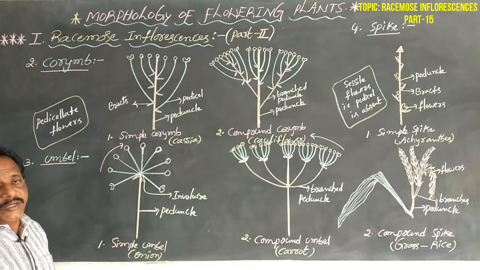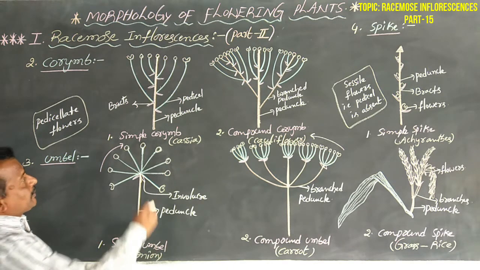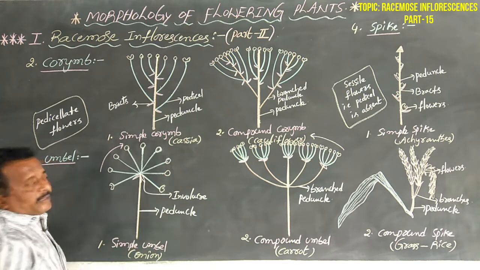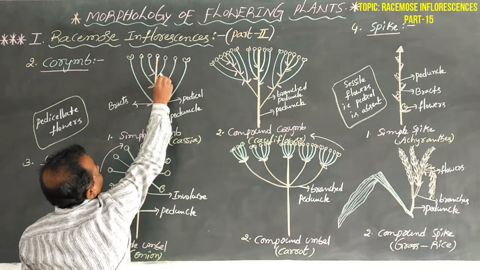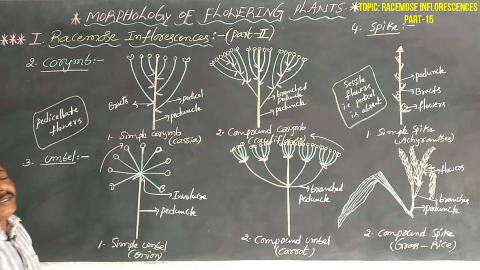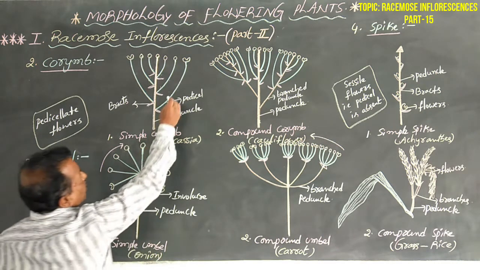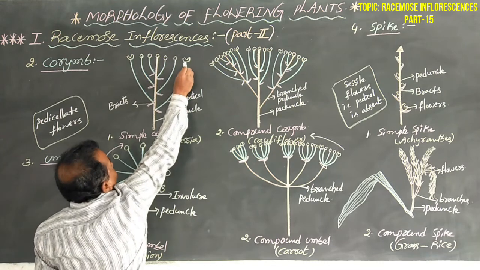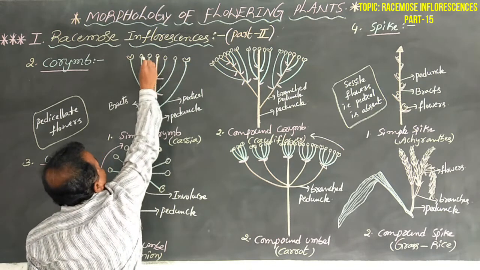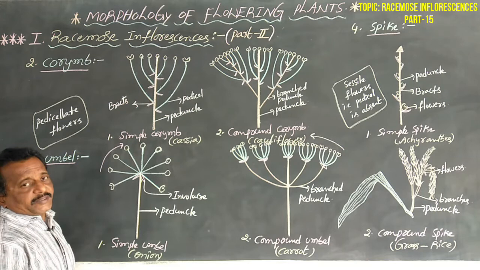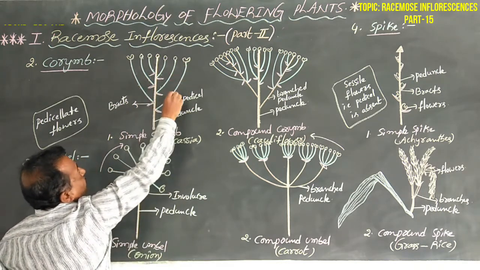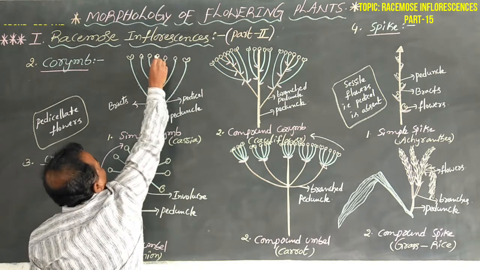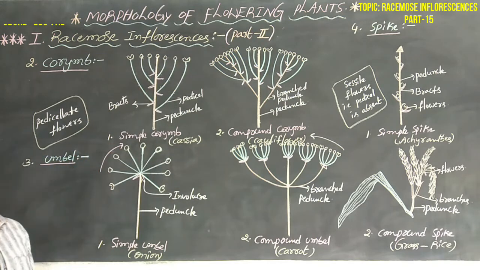The larger pedicels are present at the bottom of the peduncle, and the smaller pedicels are present at the top of the peduncle. These are older flowers, these are the younger flowers. Older flowers have larger pedicels, younger flowers have smaller pedicels.